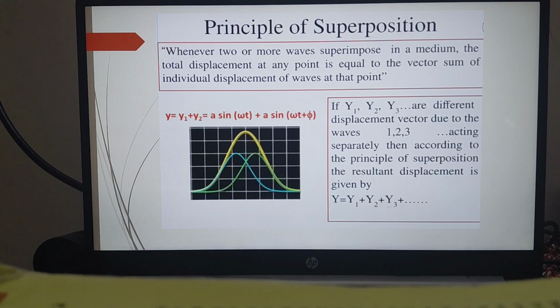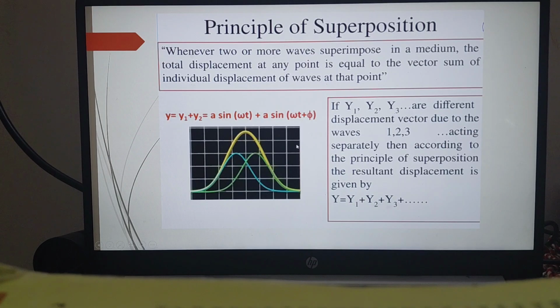But what is the principle of superposition? When two or more waves superimpose in a medium, the total displacement at any point is equal to the vector sum of the individual displacements. For example, here we have three waves: the green one, the light blue one, and here the yellow wave is the result of the superposition principle.